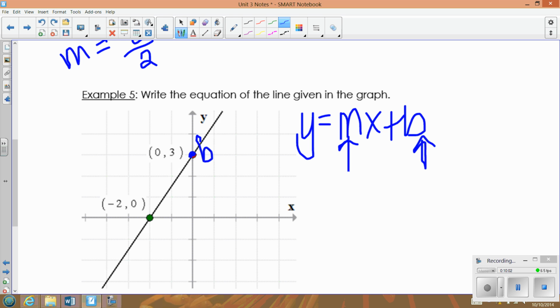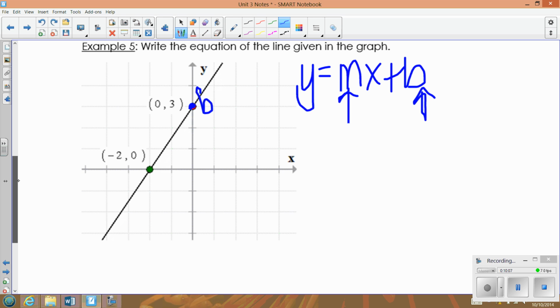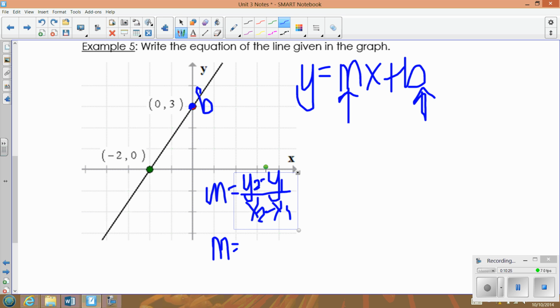So you can find the slope, remember, by counting or by using your formula. I want to show you this one using the formula since they state the two coordinates. However, you could always just graph it as well or count on the graph. So remember the slope formula is the change in y's over the change in x's. So that means I'm going to plug in my y values. So 3 minus 0.